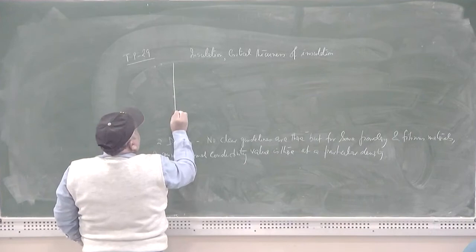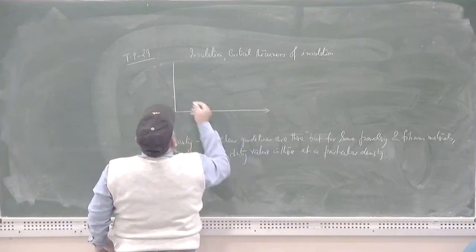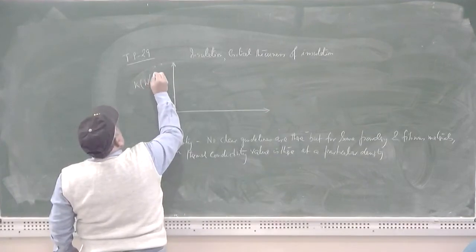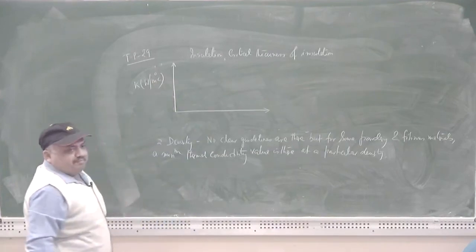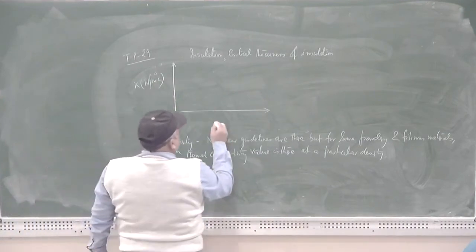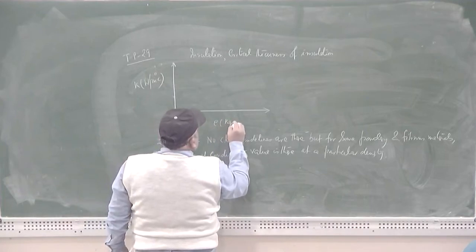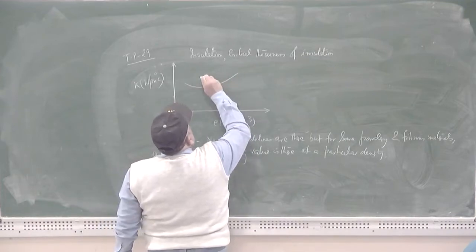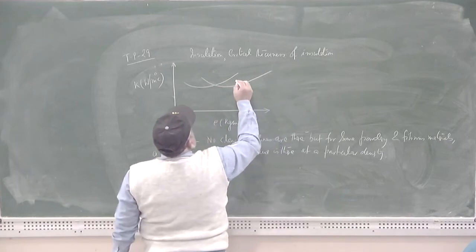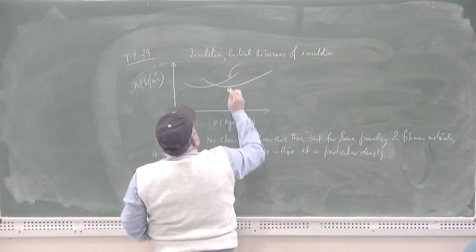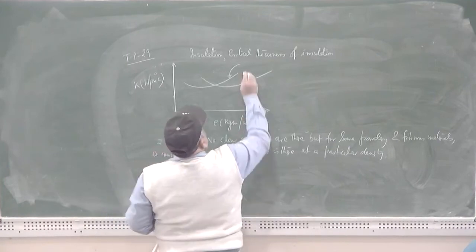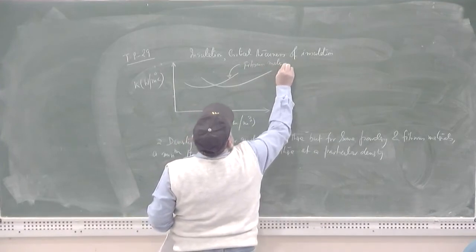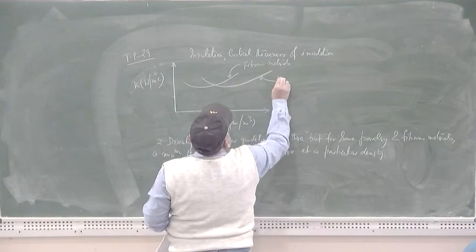Here along the y-axis, if you take the value of thermal conductivity in watt per meter degree centigrade, and along the x-axis you plot density in kilogram per meter cube, you will find that, let us suppose, this is for fibrous materials, and this is for powdery materials.